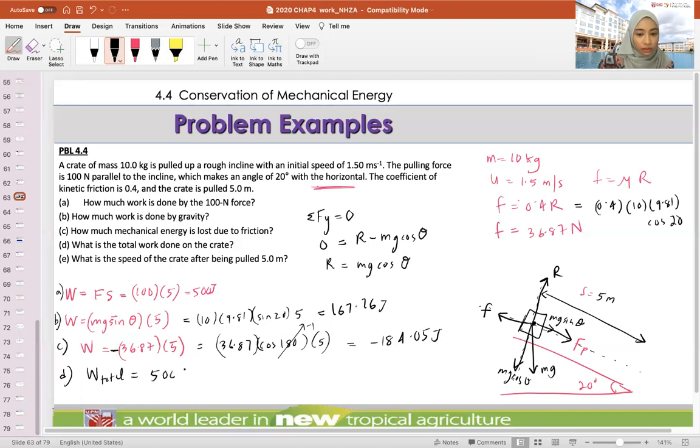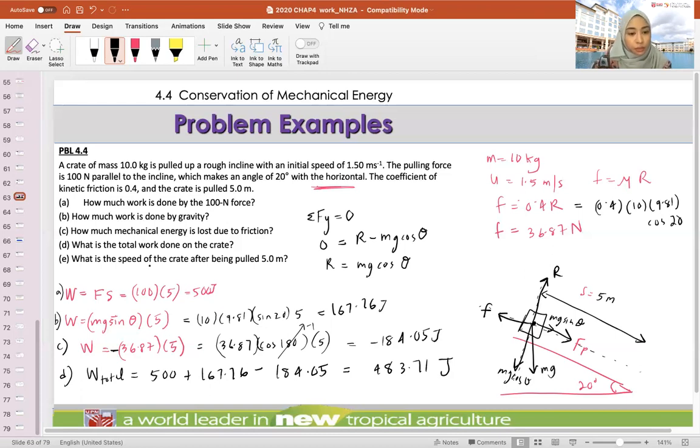So 500 plus 167.76 minus 184.05. Is that right? Yes. So hopefully my calculations are all correct. Please double check. This is the total work done.